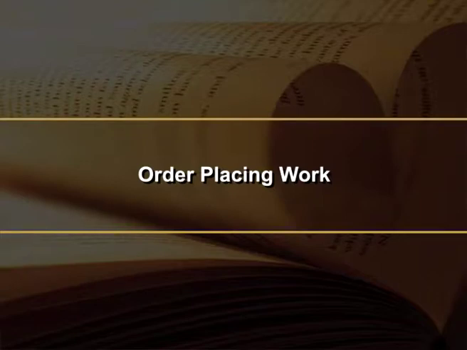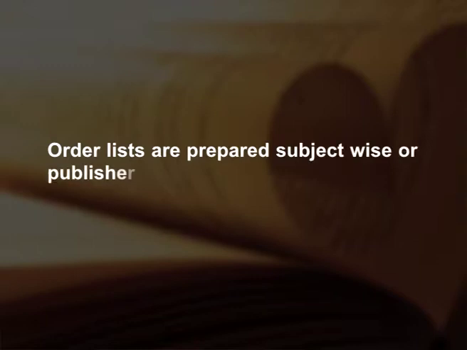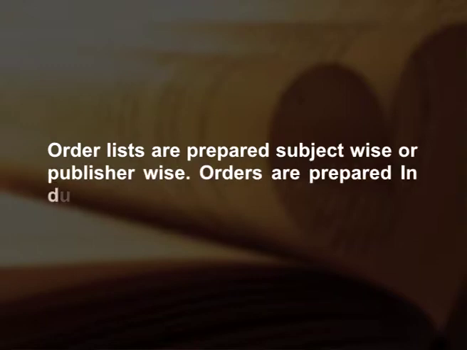Order placing work. Whatever may be the system adopted, the next stage, that is placing of orders, will be the same. Order lists are prepared subject wise or publisher wise. Orders are prepared in duplicate or triplicate.